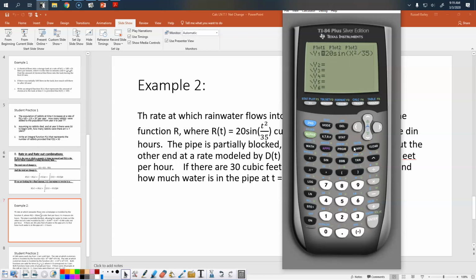The out function is negative 0.04 x cubed plus 0.4 x squared plus 0.96 x. So we put our functions in. Now go ahead and push second and quit back to your home screen.